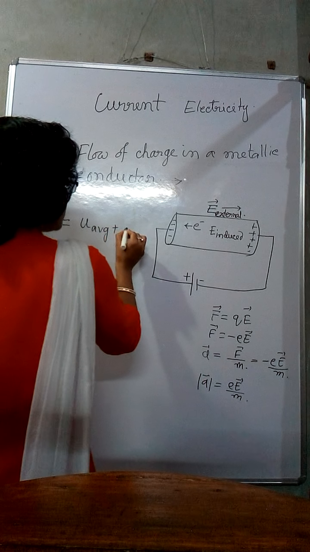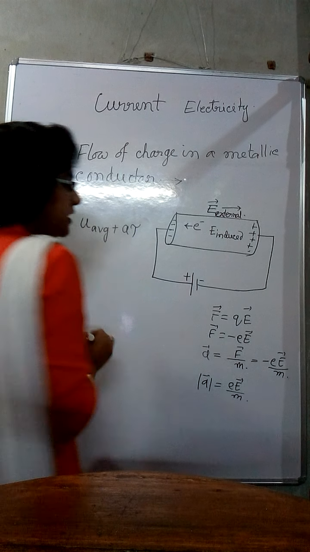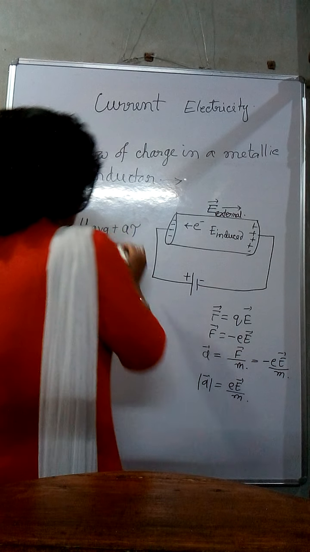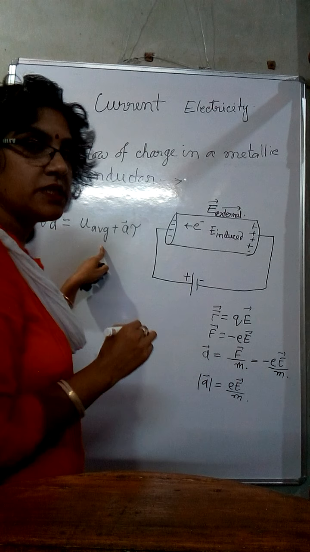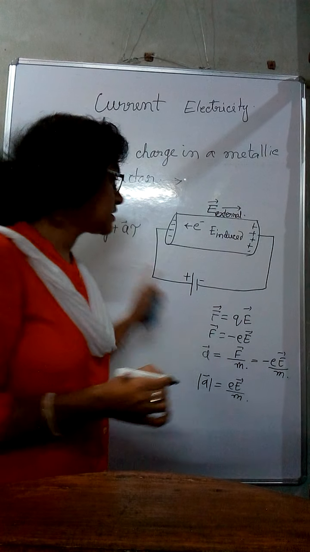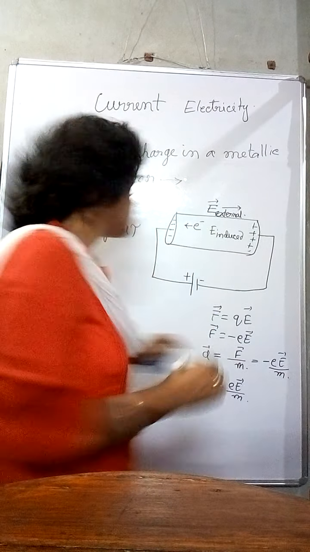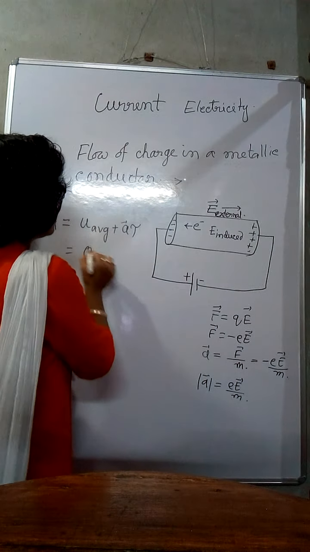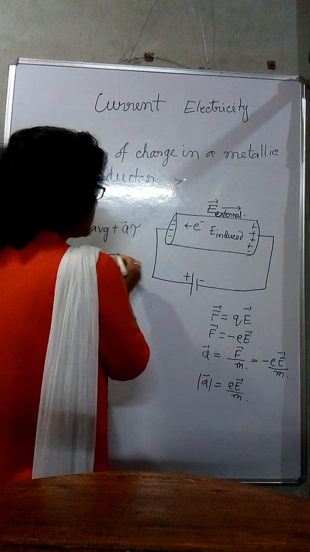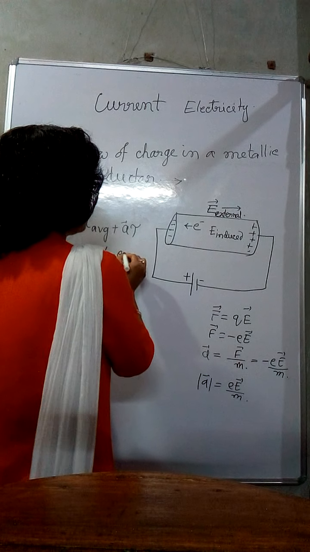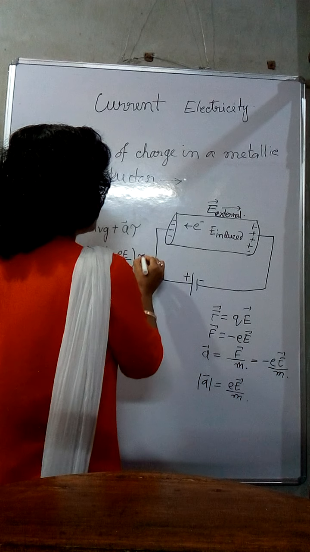The equation is, already we know, v = at. Okay, that equation we know. Now, average velocity, I have already discussed earlier, is 0 initially. Now a is what? a is minus eE by m, and tau is there.